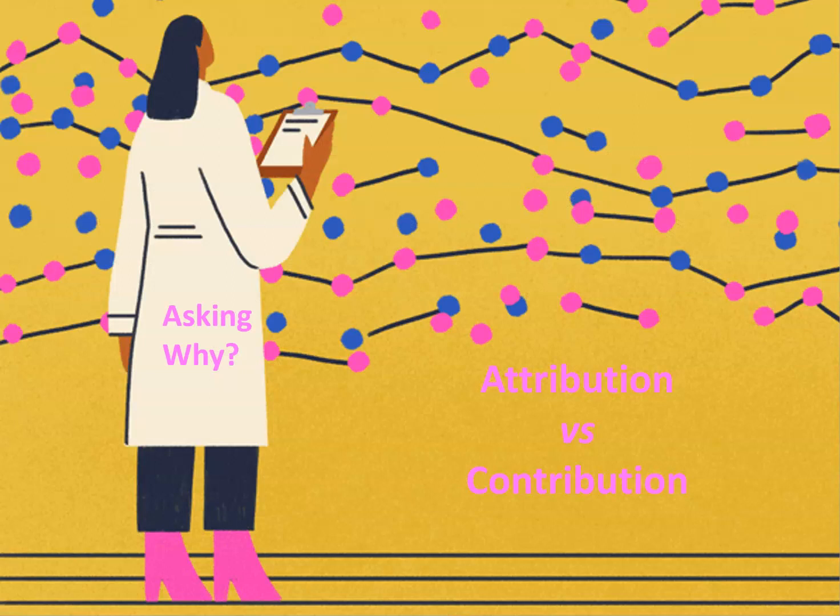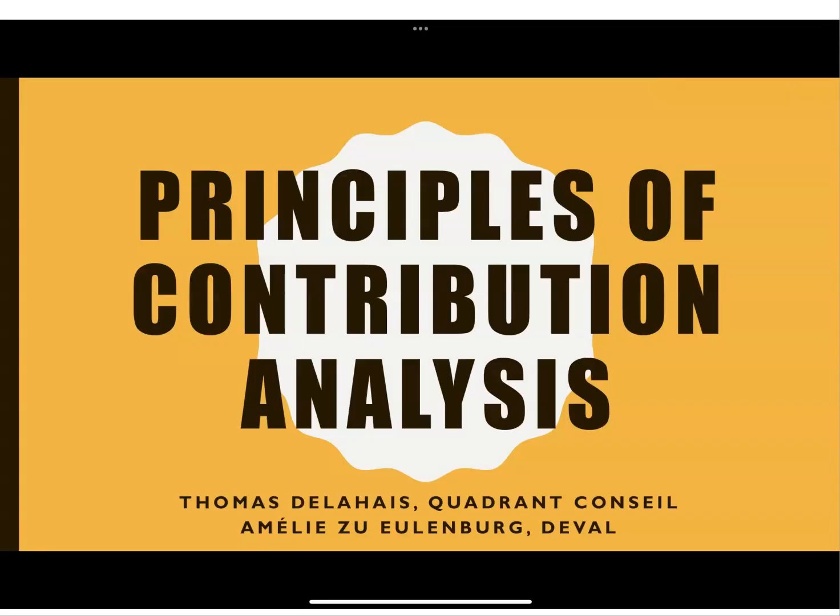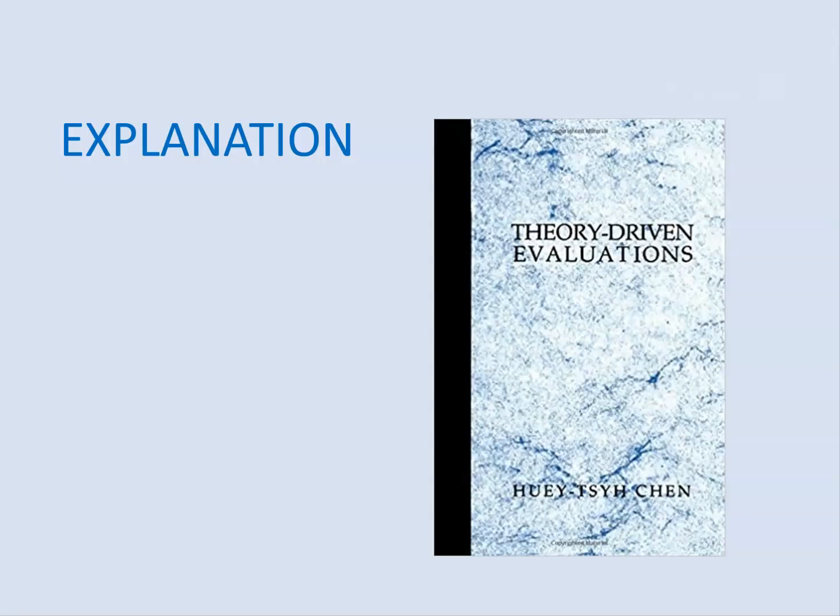Then there are those evaluators who go beyond description to ask why. Attribution versus contribution. Why are the data showing up? What's the difference the program has made? So these evaluations look at causal attribution, they look at contribution analysis, but they move into theory as a basis for explanation.